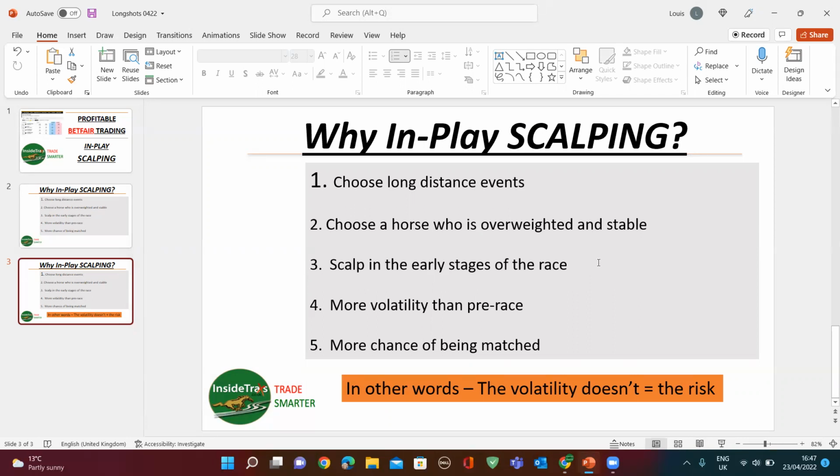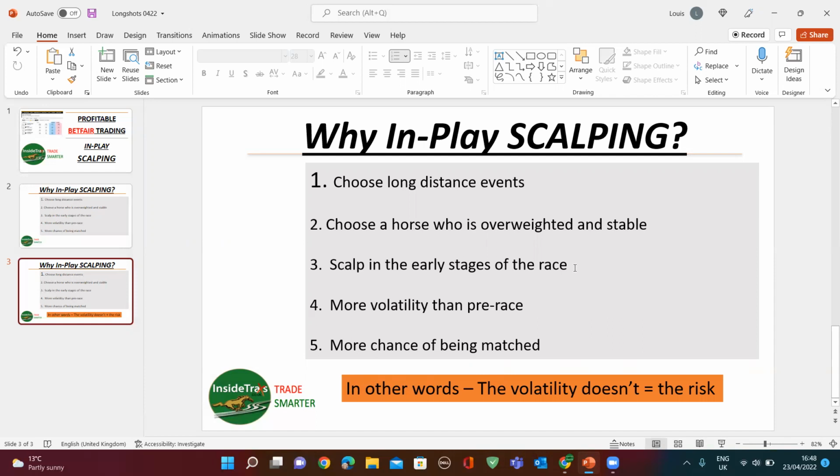Scalp early in the race. I mentioned that there's virtually no risk in the early part of the race because there's a long time for the horses to catch up, to make amends or whatever. But I'm looking for the fact that I don't even want to have a horse that's made a mistake. I want just the prices to change for no particular reason, apart from some in-running players wanting to make bets based on what they've seen.